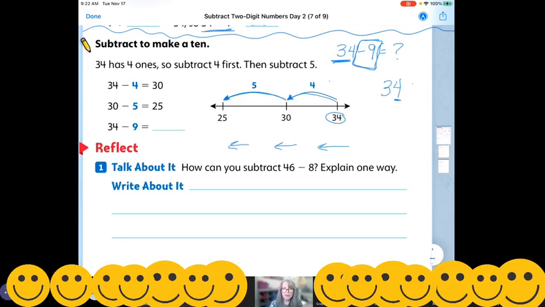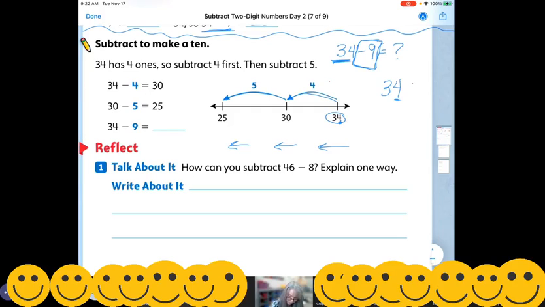Is 4 less than 9? That's the question you want to ask. Yes, 4 is less than 9. So if the number in my ones place on my starting number is less than the amount that I have to subtract, I know that I can take the 4 away first to get to 30.